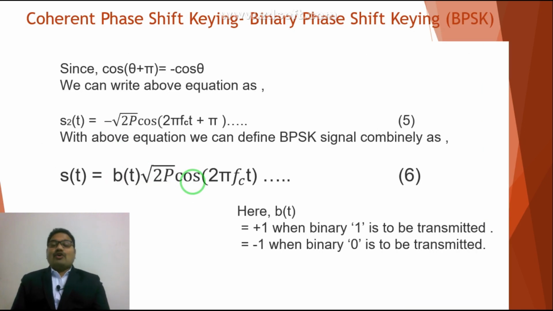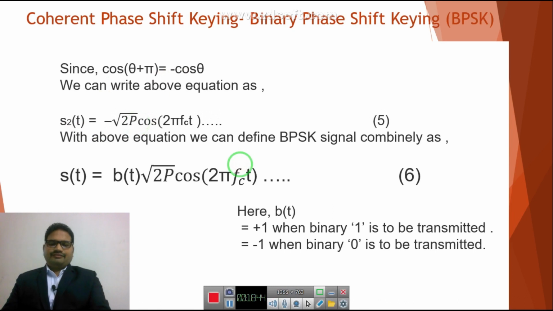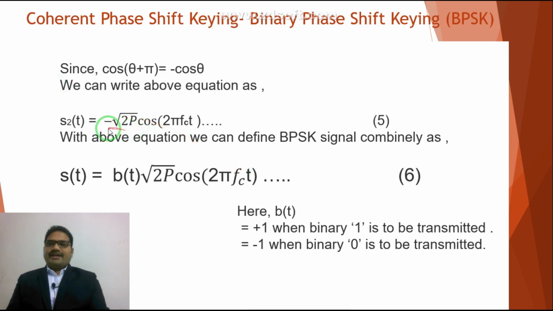As we know, cos of theta plus pi is equal to minus cos theta. So we can write S2 of t equals minus square root of 2P cos 2 pi fc t. Make it equation number 5.